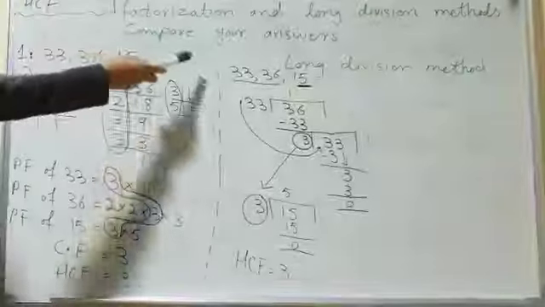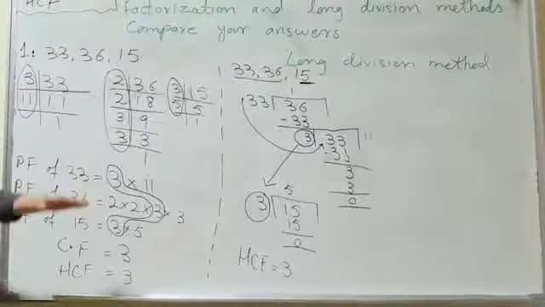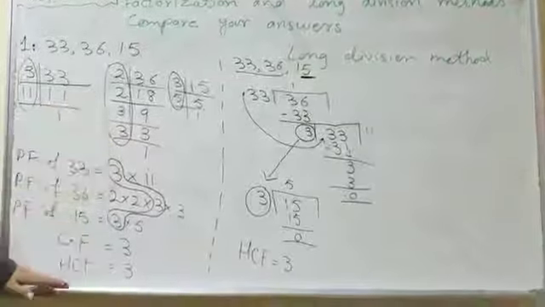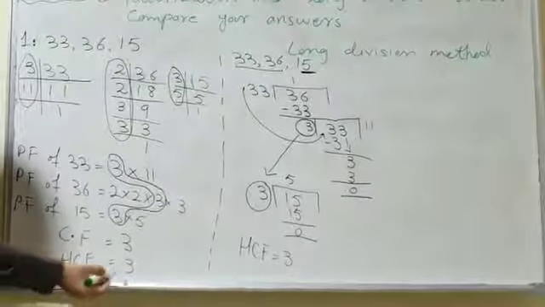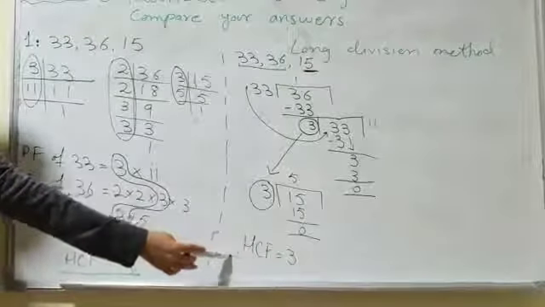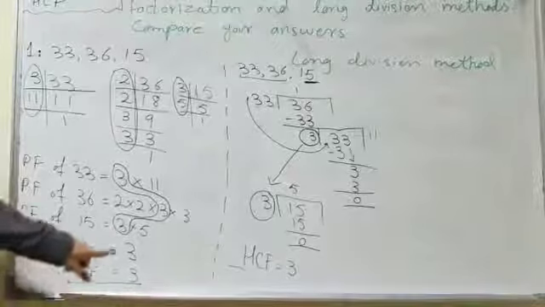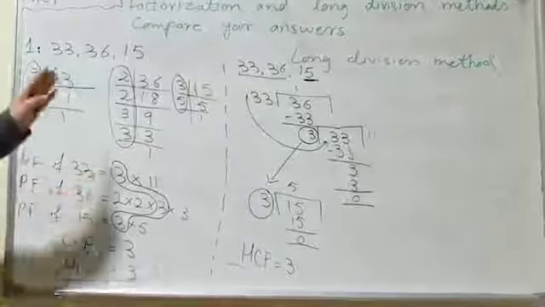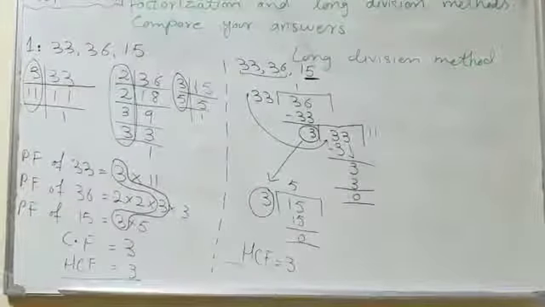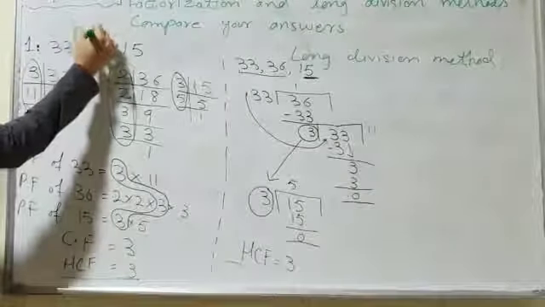The next step is to compare your answers. It means that with both methods we should have the same HCF. Here with prime factorization you can see that we get the HCF 3, and here also we get the HCF 3. So it means that we got the right answer, and with both methods we have the same HCF.